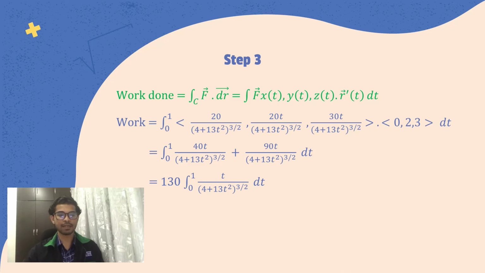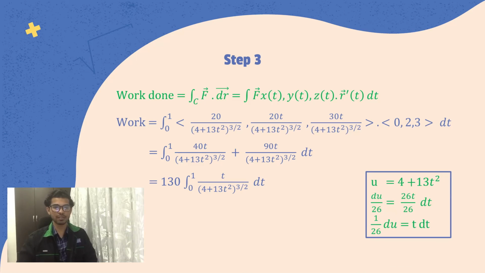Then we keep the constant, which is 130, outside of the integral. Then the integral from 0 to 1 of t over (4 plus 13t squared) to the power of 3 over 2 dt. Then by using the substitution method, let u equal 4 plus 13t squared, which gives du equals 26t dt. It becomes 1 over 26 du equals t dt.